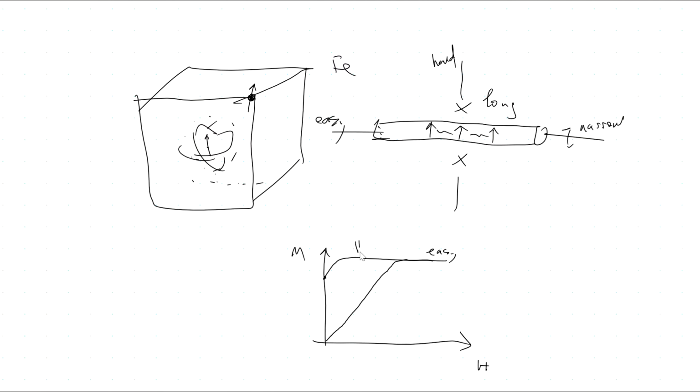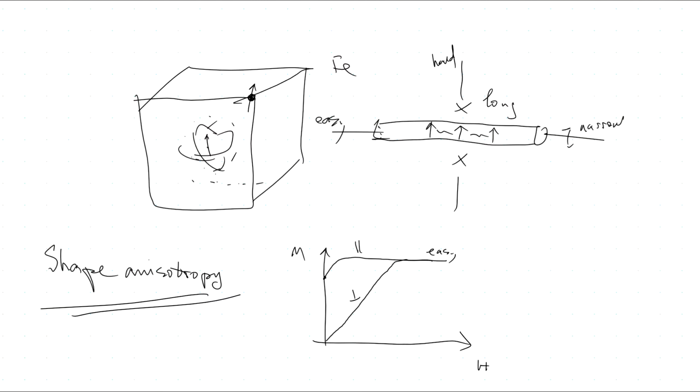So that is parallel, that is perpendicular to the wire. So the effect of the difference in magnetic properties induced by the shape is called shape anisotropy. I'm omitting the word magnetic; we talk about magnetic anisotropy here. So that is the shape anisotropy.